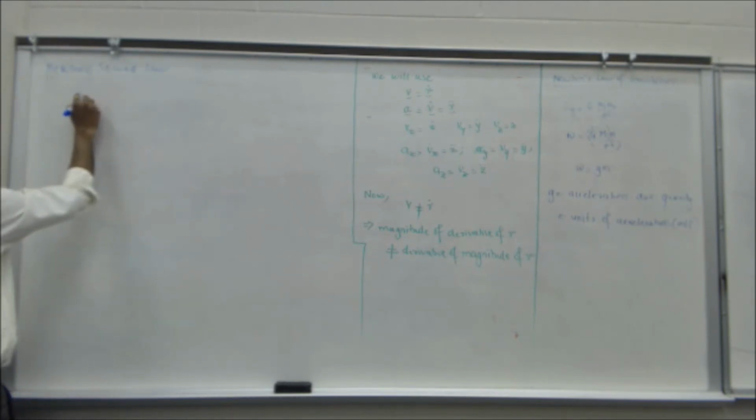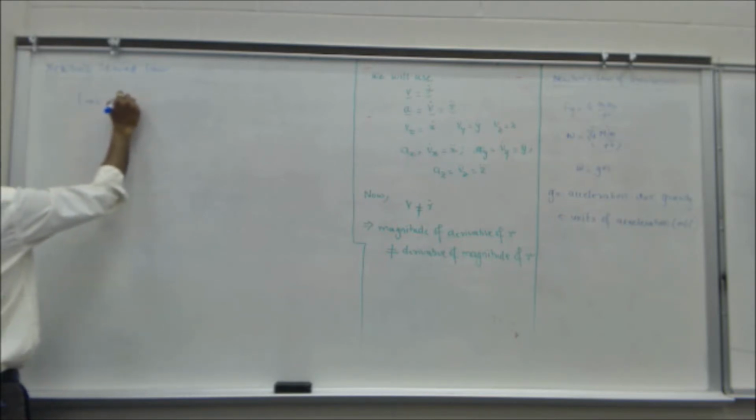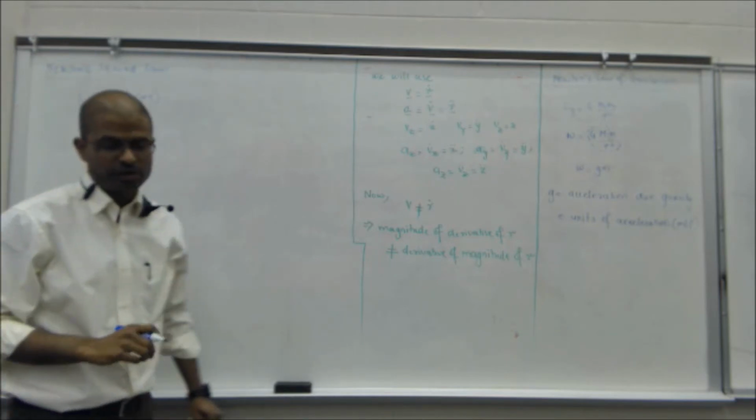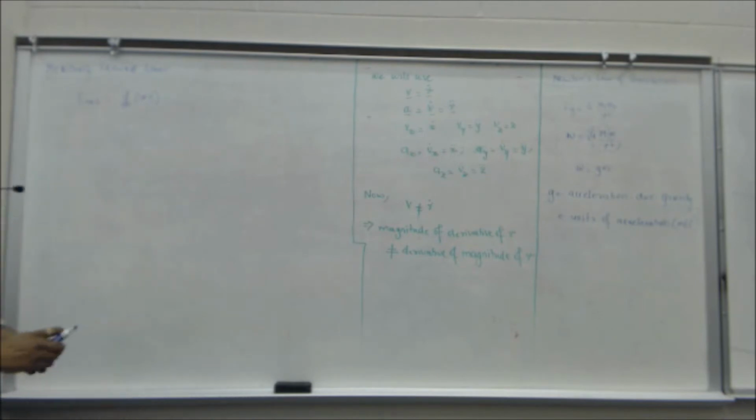You have F net is equal to d p over d t. So this is the actual definition. It's the sum of external forces acting on any body will result in a change of momentum, linear momentum.